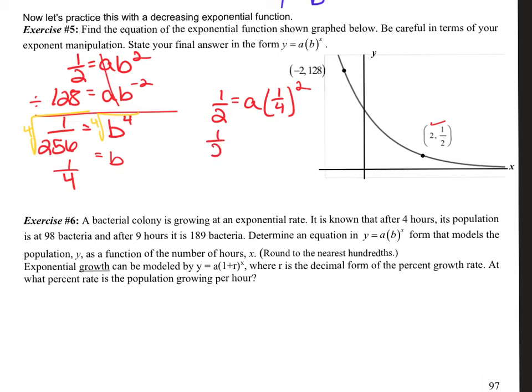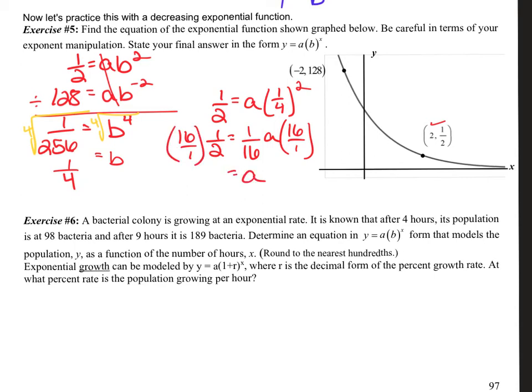Now our exponent rules tell us to square each of those. So I get 1 on top and 16 on the bottom and a. I just changed the order like I did before. Now, from here, you can divide both sides by 1/16 or multiply both sides by the reciprocal, which is what I prefer, but either way is fine.